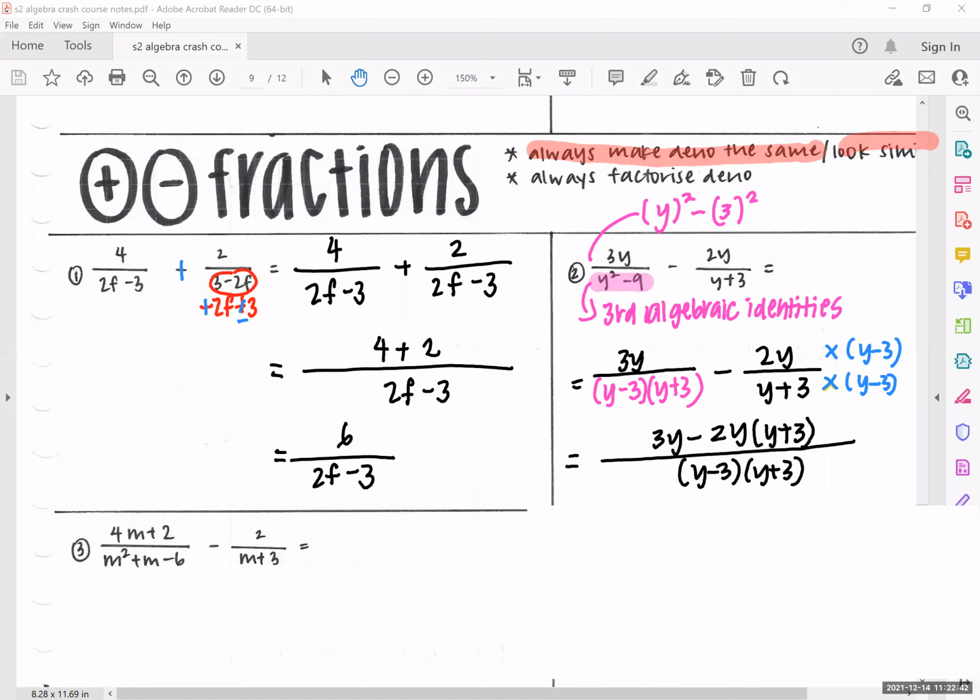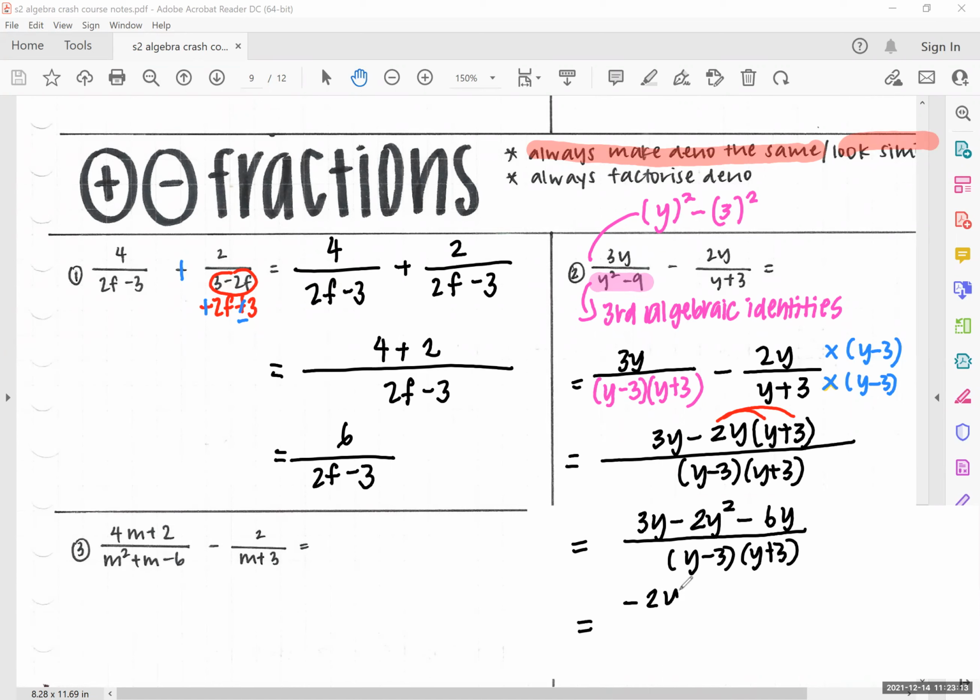Now take your red pen. 3y minus 2y times y will give me 2y squared, and negative 2y times positive 3 will give me negative 6y, over y minus 3 and y plus 3. You don't need to expand the denominator. Just leave it in factorized form.